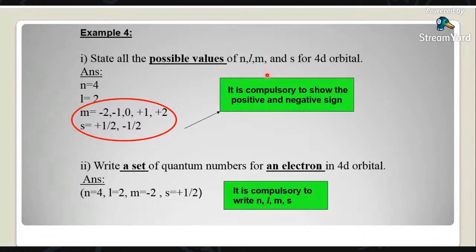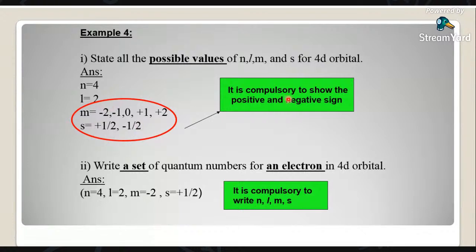So for the 4d orbital, n equals 4 and l equals 2. Since l equals 2, m can have 5 values, and s can have 2 values. For m and s, it is compulsory to show the positive and negative signs.